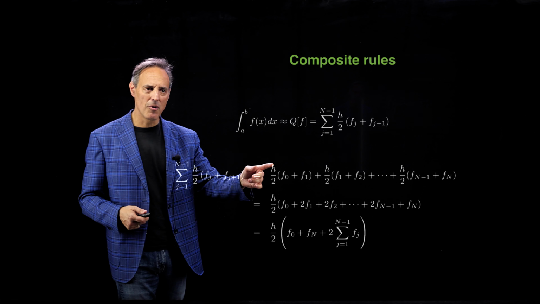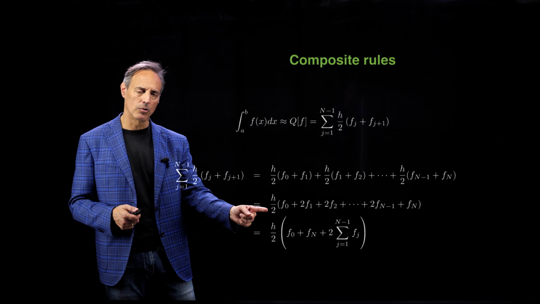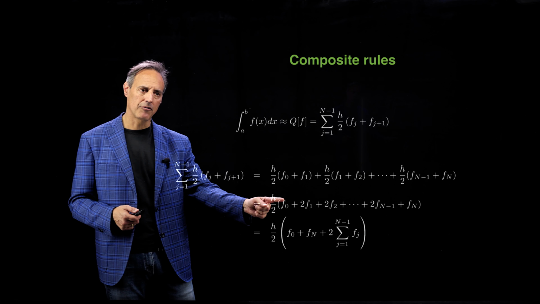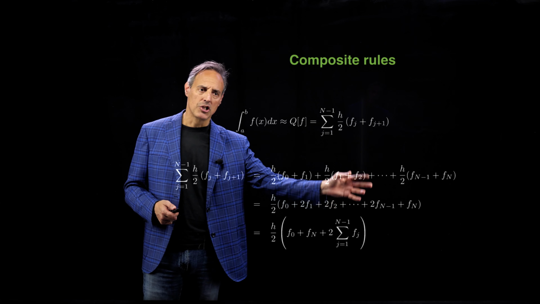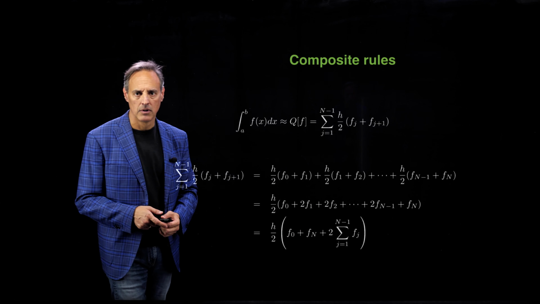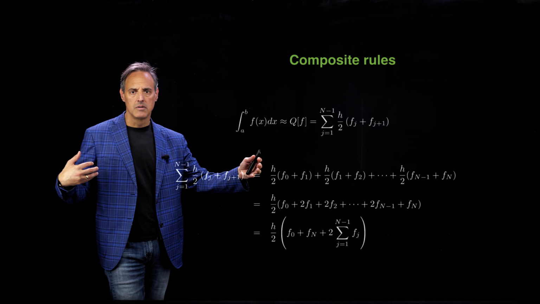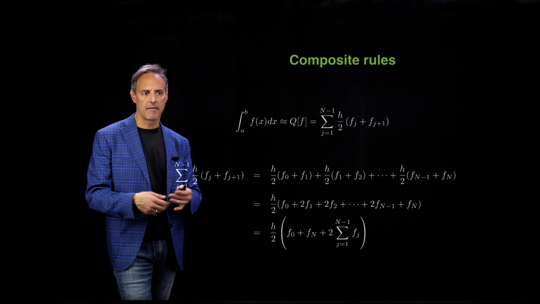But since I already know they're both contributing, let's bring them together into the composite rule, which is h over 2, f0, there's the 2f1, the 2f2, and so forth. So this is essentially twice as fast to compute because I've already taken into account all the redundant calculations I would have to do otherwise.